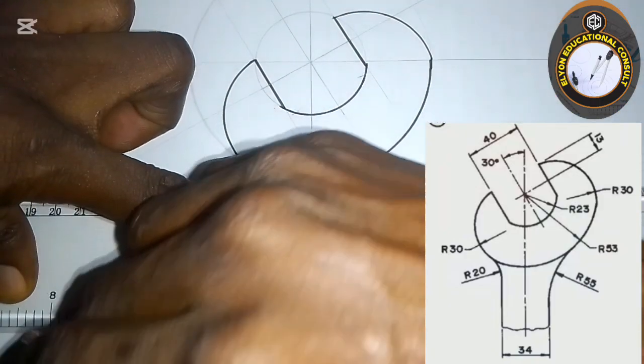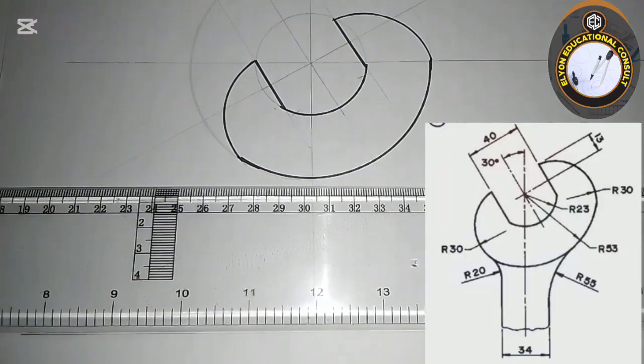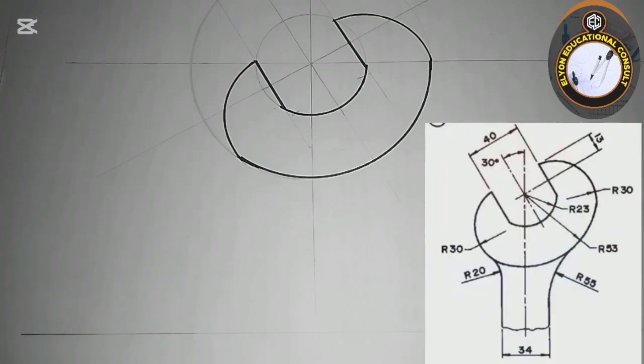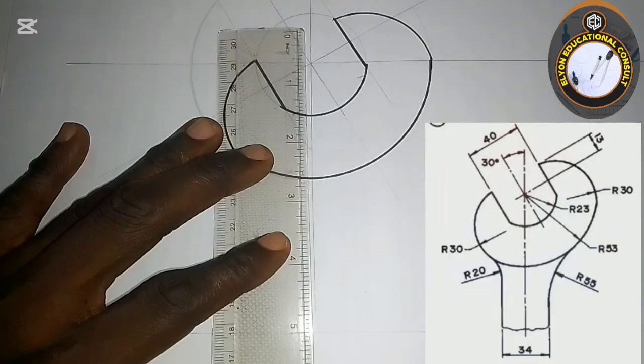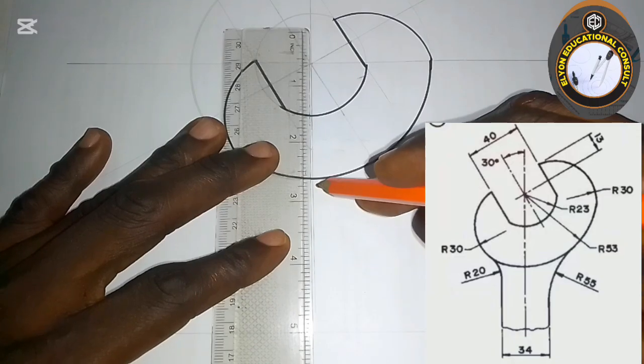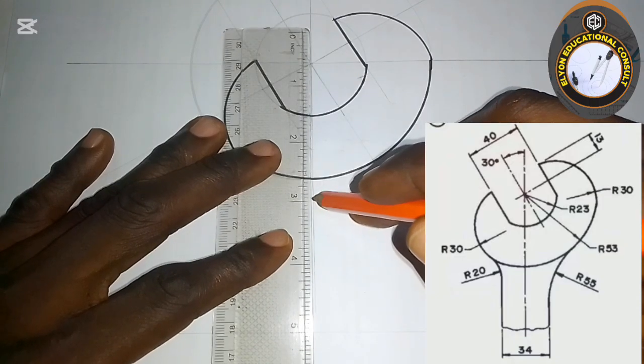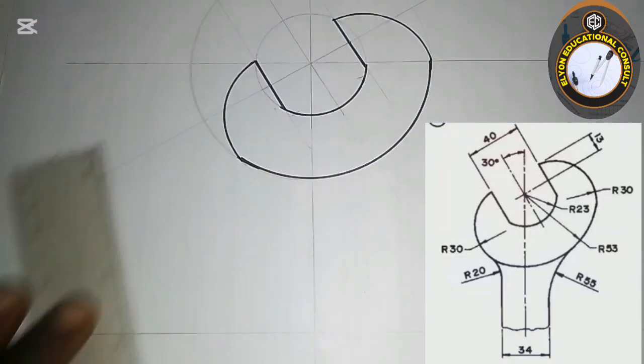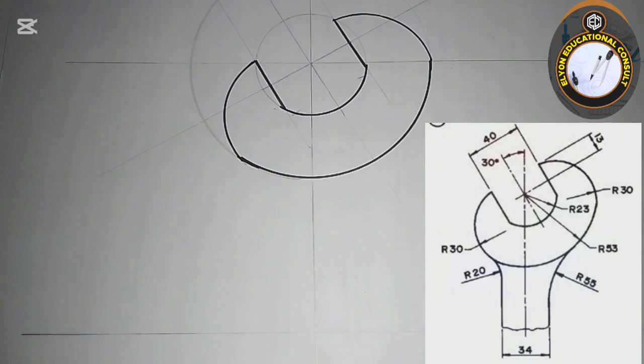Let me drop this line to intercept the horizontal line. We are told that the side there is 34.